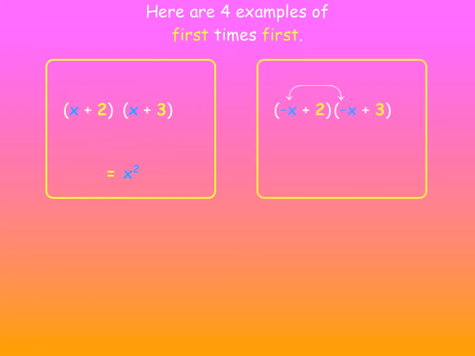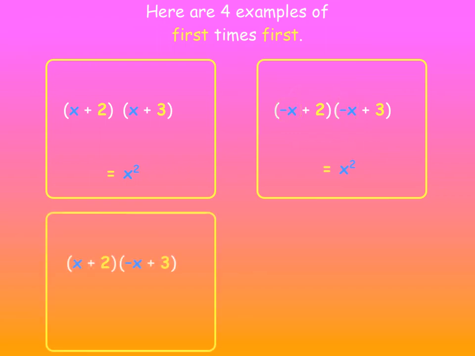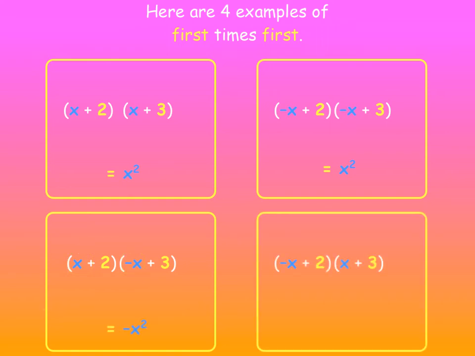Negative x times negative x, positive x squared. X times negative x, minus x squared. Negative x times x, minus x squared.